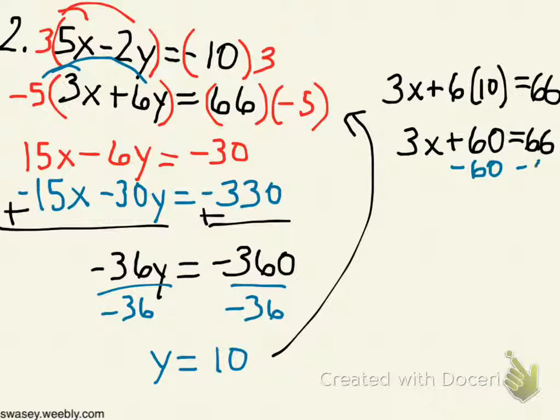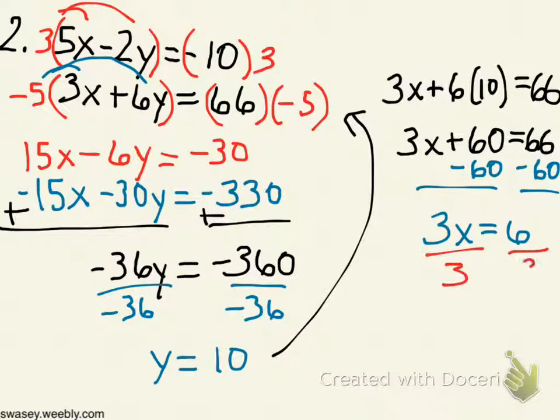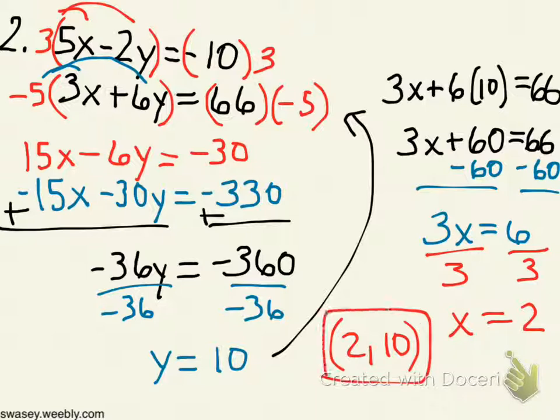Subtract 60 from each side, you get 6. To get rid of multiplying by 3, divide by 3. So we have our solution, 2, 10.